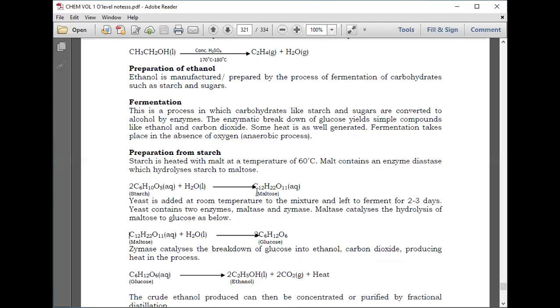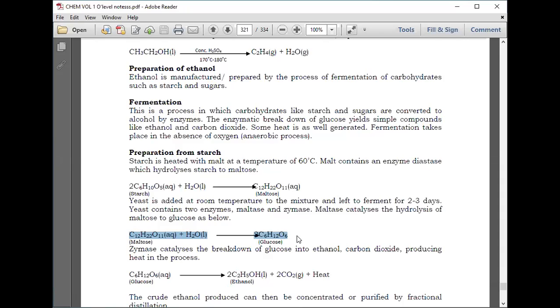Yes, I think that is it. So I was telling you that maltase converts maltose to glucose, and when you have glucose, you are almost done.